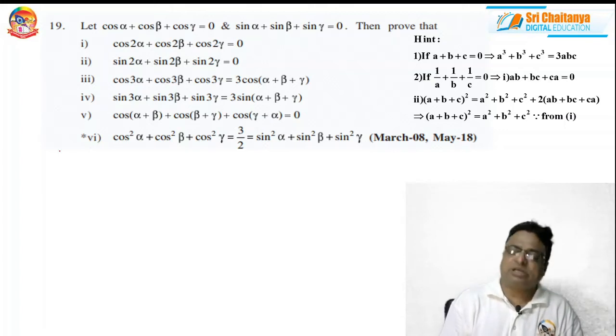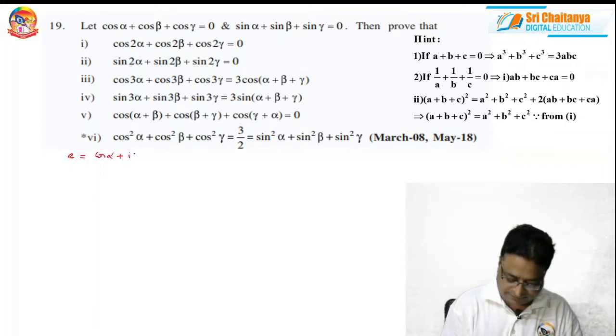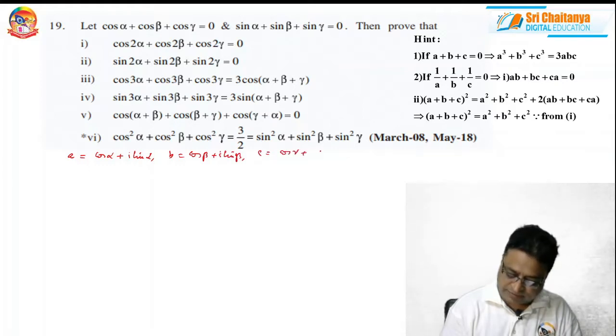So, without loss of generality, I am considering: let A equal to cos alpha plus i sin alpha, B equal to cos beta plus i sin beta, C equal to cos gamma plus i sin gamma. No doubt, what is my a plus b plus c?